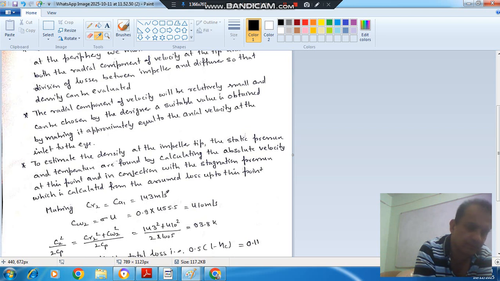meters per second. And slip factor is given as 0.9, so CW2 will come out as 0.9 into 455, that is 410 meters per second. So what is CW2? CW2 is the whirl component at the exit of the impeller.